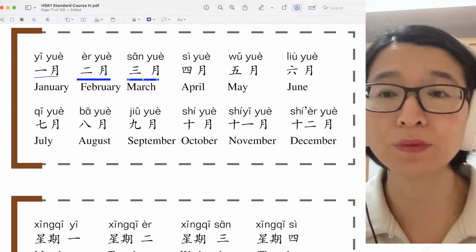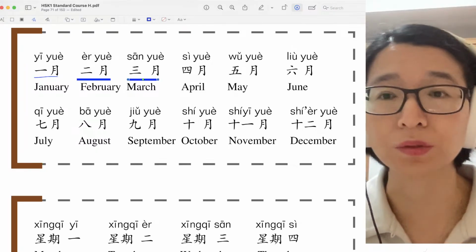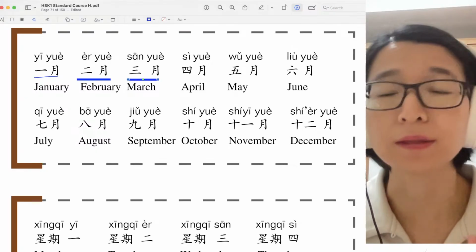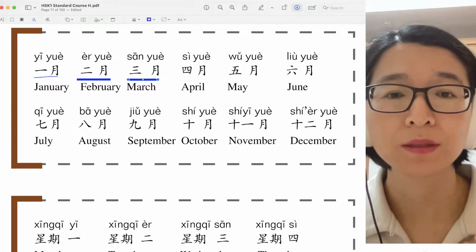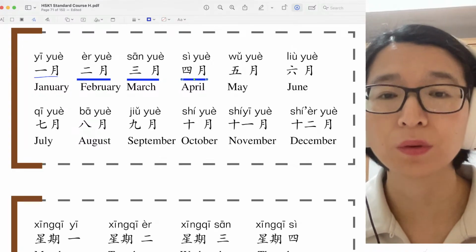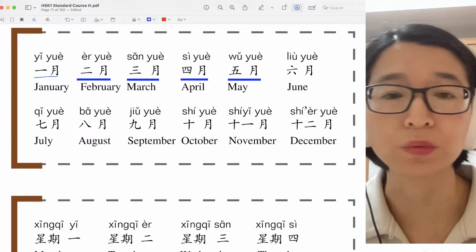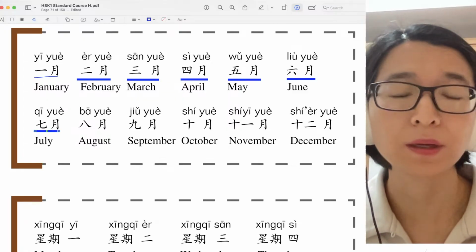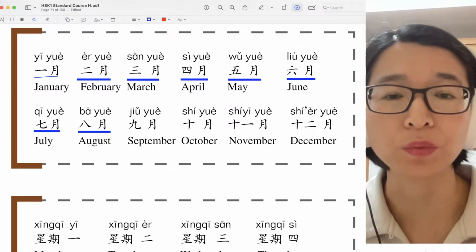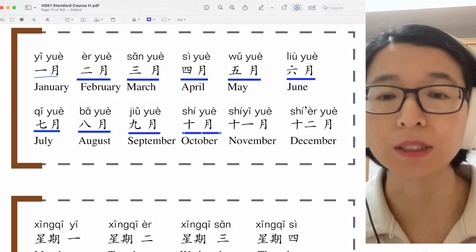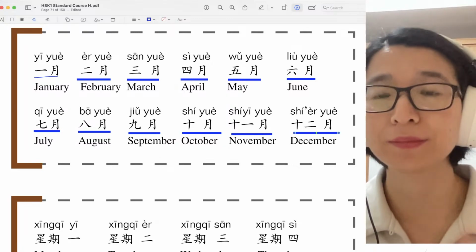March, 三月. You find the rule, right? Which is very easy. Number plus 月. So 四月, 五月, 六月, 七月, 八月, 九月, 十月, 十一月, 十二月.